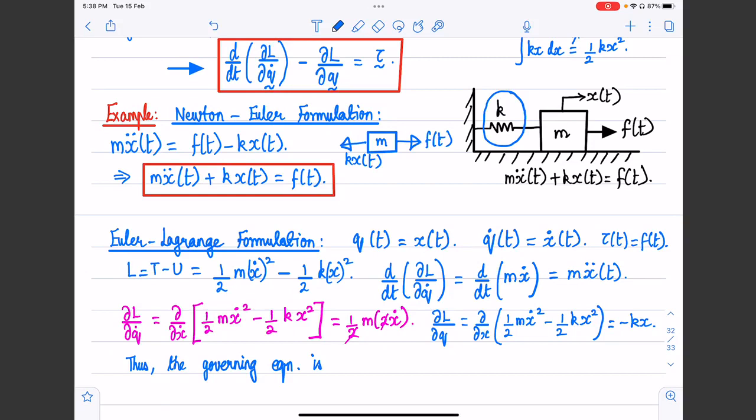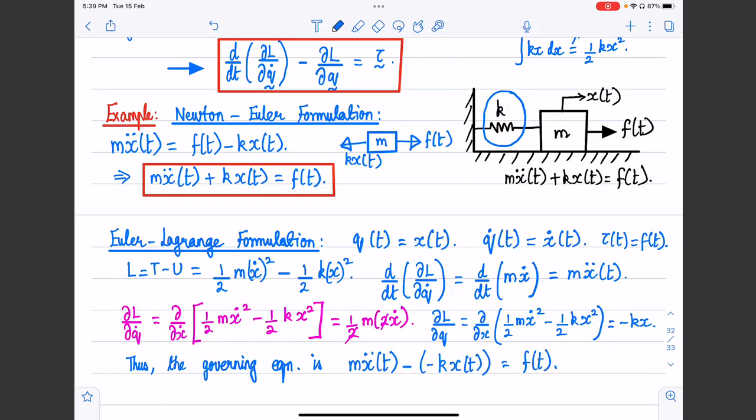So the governing equation is d by dt of del L del q dot, which is going to be mx double dot t, the term on the left hand side, minus del L del x, which is going to be minus kx, and that is equal to the generalized force, which is F of t.